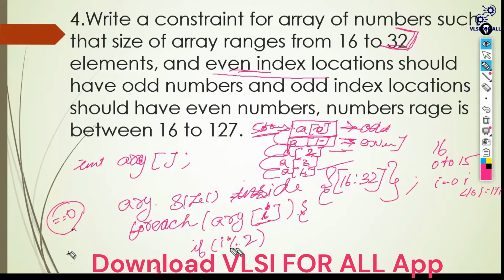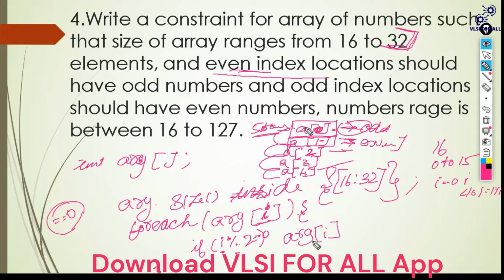So if I mod 2 equal to 0, then it is even. Then a of array of I. Here I am checking for the index, and here I need to write the value which is present inside that index. Right, here I am checking for 0, then I am checking for the value present in a of 0.